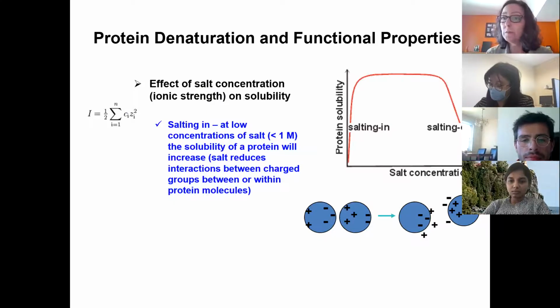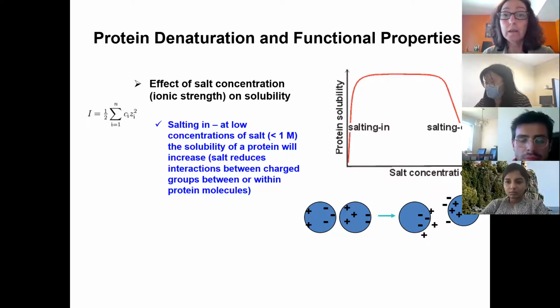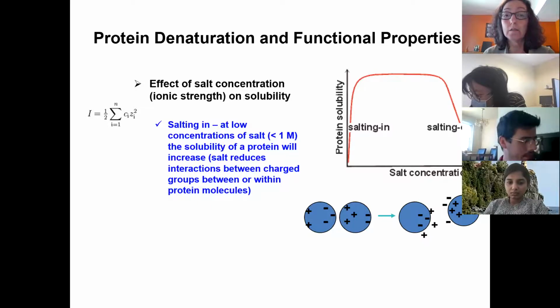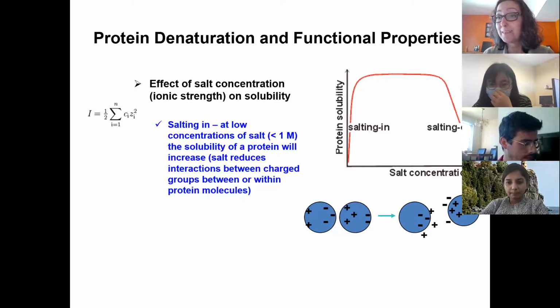We talked about this phenomenon when we were talking about extrinsic factors that impact a protein. So here, in this case, it is in the context of solubility, not necessarily denaturation. A little bit of salt helps the protein to solubilize, like we said.